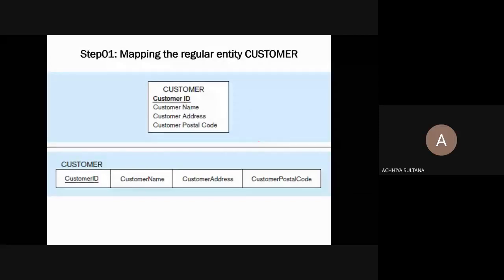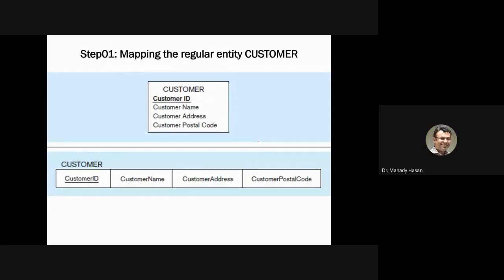The bracket. Exactly. Is there any bracket? No, sir. So if there is no bracket, then it is not composite. I completely agree with you that name and address should be composite, but here they haven't designed it as a composite attribute. That's why they are simple attributes.